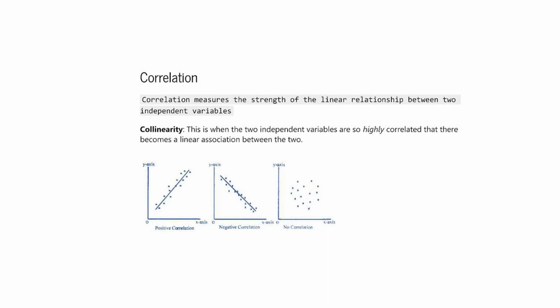Typically, the value of correlation lies between -1 and 1, -1 representing absolute negative correlation, and +1 representing absolute positive correlation. For example, the GPA of a student would be highly positively correlated with the number of hours a student studied. As the number of hours studied increases, ideally speaking, his GPA should increase.